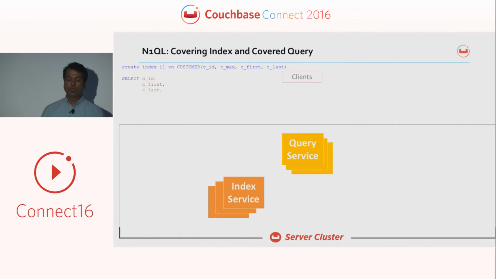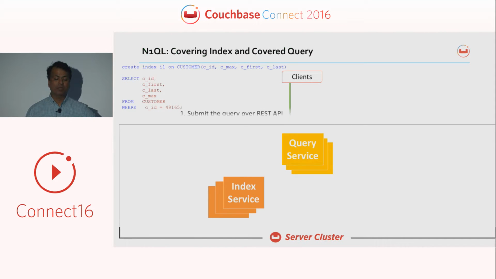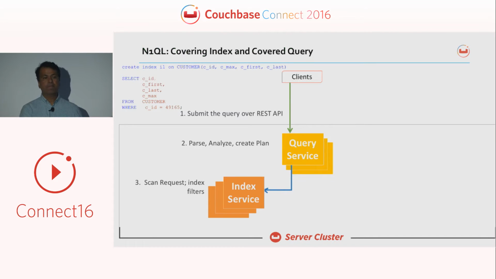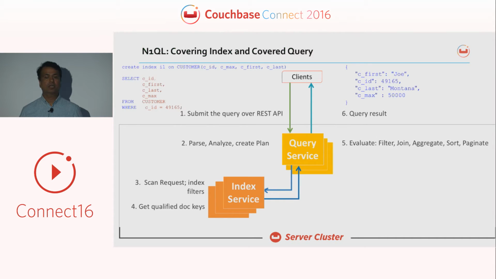Okay? So when you have a query that is completely covered by an index, we simply create the plan, go to the index service, get the results back, and return the result back to the application. So the query doesn't have to go to the data service at all. And the corollary is true as well.